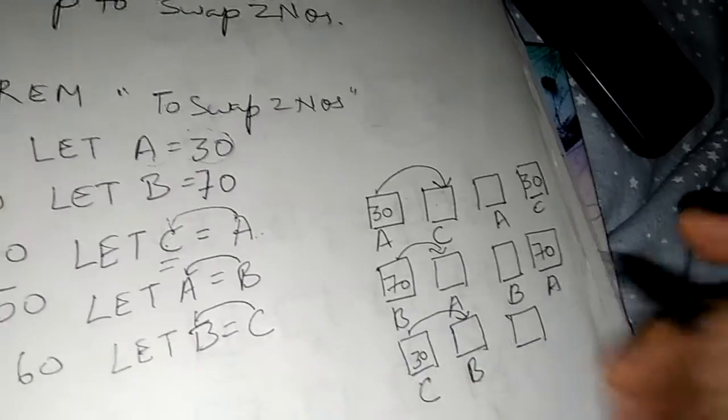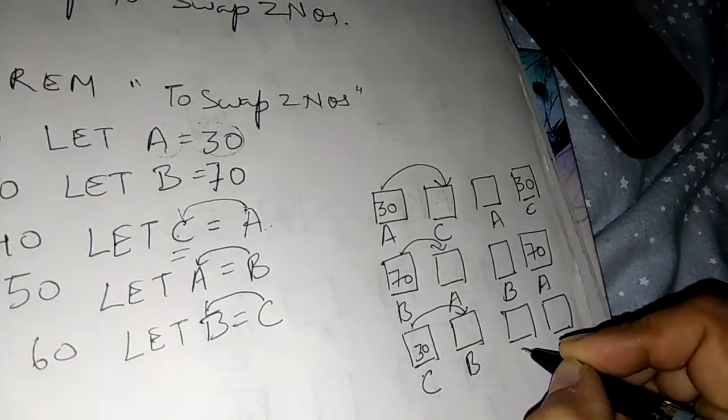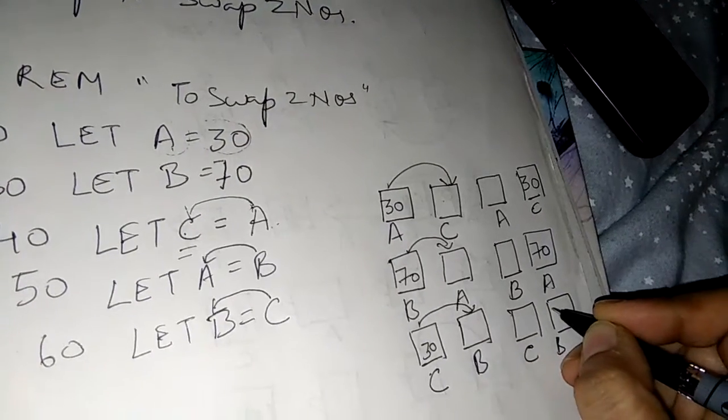After this statement, C will become empty and B will have the value 30.